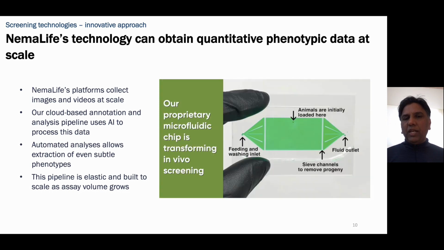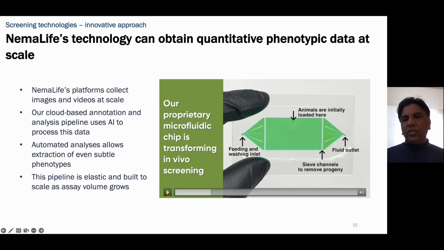But now this chip design, which you see here, is a very simple design which has a single inlet and a single outlet, and animals are loaded at the top of the chamber. And in the rectangular chamber that you see, we introduced two very novel features that allow us to eliminate all the tediousness of moving animals around in plate-based assays.